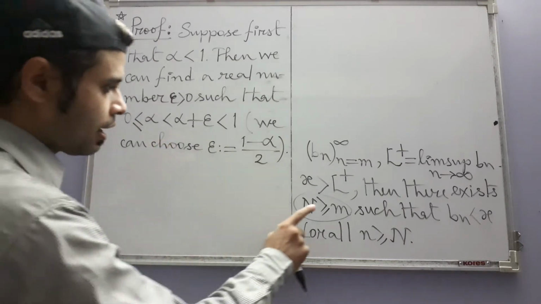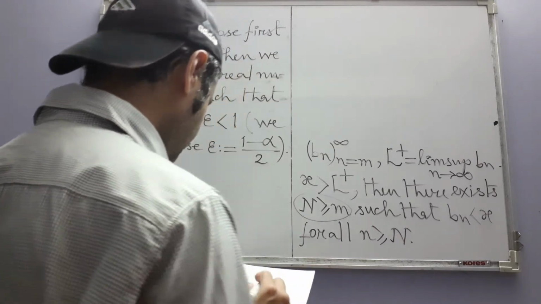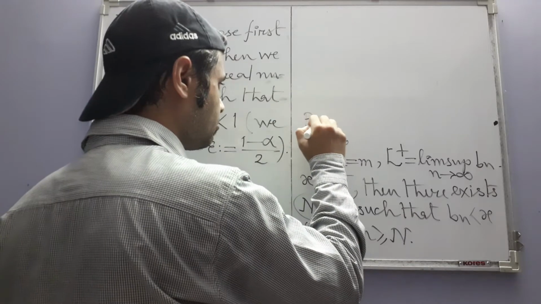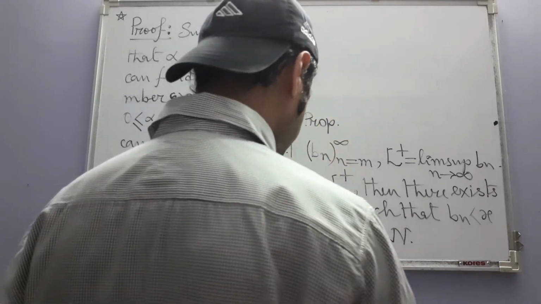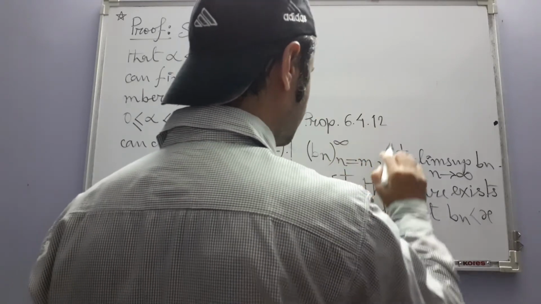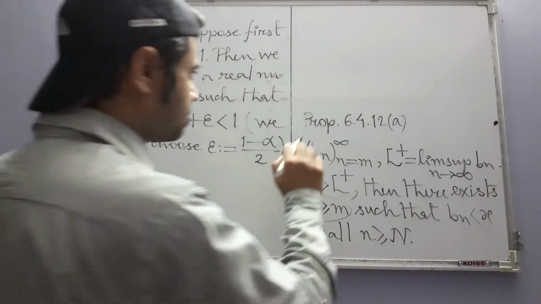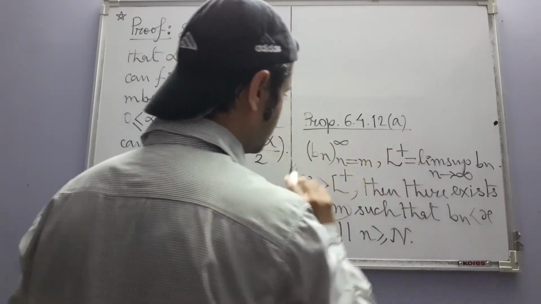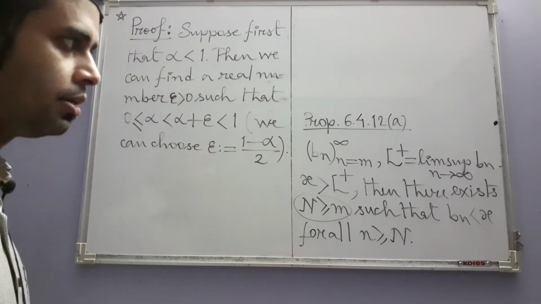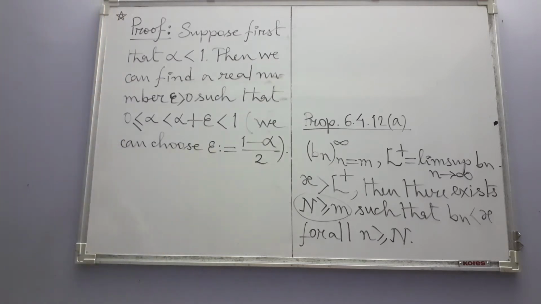So now we can apply this result, and this result is, we will write things down, but it is proposition. See, if you are wondering, it is proposition 6.4.12 part A. It is that proposition which gives us the fundamental properties of not just limit superior but limit inferior also of sequences of real numbers.